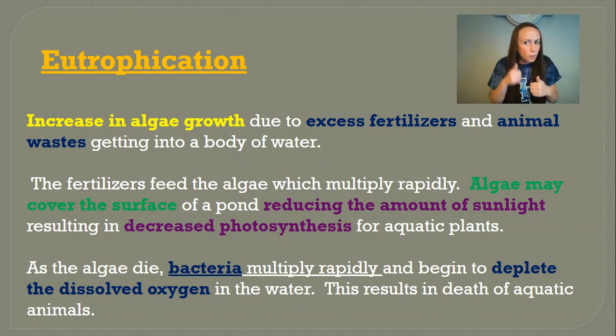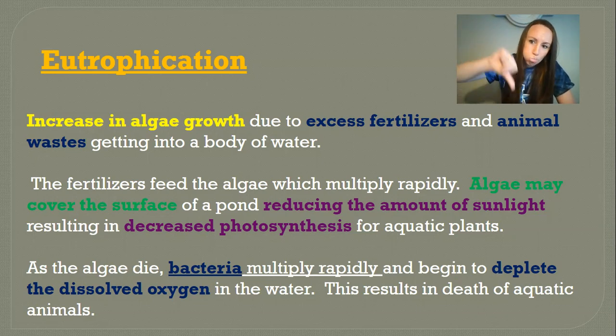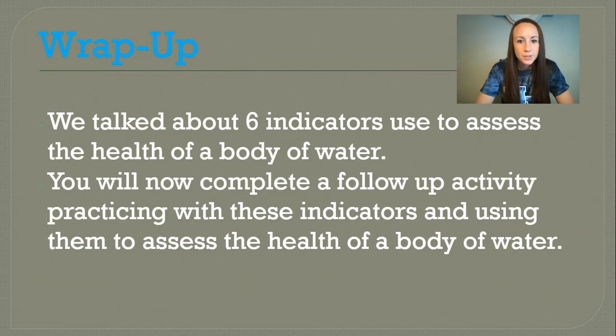And so the fish start to die because of the lack of dissolved oxygen in the water. So no sunlight, dead plants, lots of bacteria. Bacteria steal all the dissolved oxygen. Fish die. Not a good thing. Eutrophication, bad.